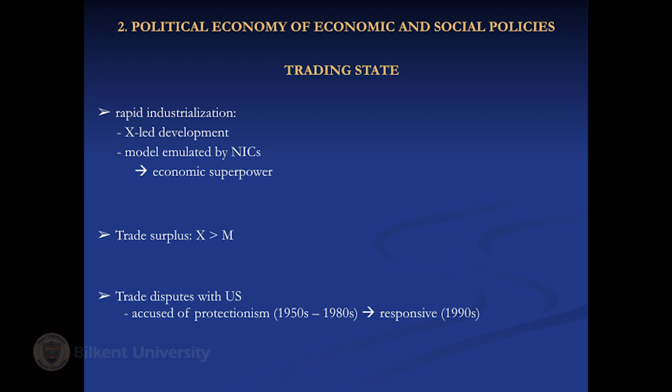And they were accused in the world political economy of following those non-liberal policies. The world was liberalizing. Japan was not sufficiently liberalizing. So that was one of the frictions between Japan and her counterparts in the Western liberal system.